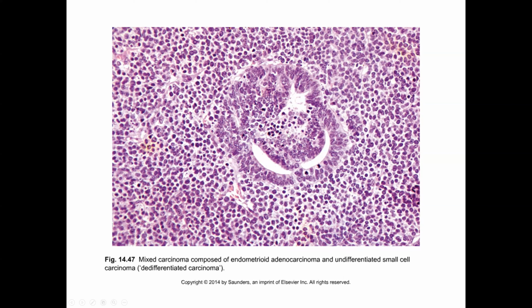Here's again an endometrioid type of gland with undifferentiated small cell carcinoma. And in this situation, the whole concept of dedifferentiated carcinomas can come into play. And certainly when you see any very high-grade carcinoma in association with an endometrioid tumor, that should probably be your dominant diagnosis. And some of the undifferentiated carcinomas in the ovary will likewise probably have that kind of histogenesis.